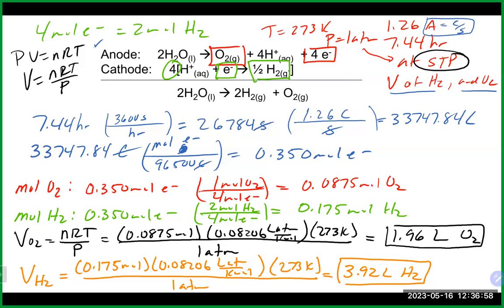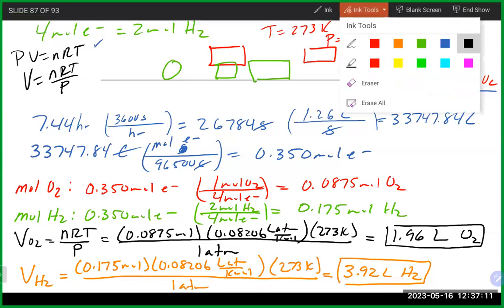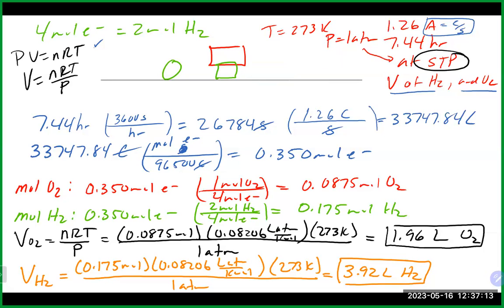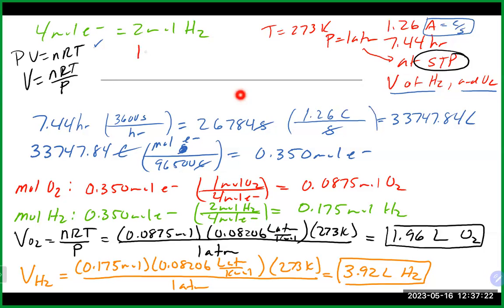You could have also, if you remembered Chem 50, not had to use the ideal gas law here because this was at STP, which means there is a relationship, right, that 1 mole of any gas is equal to 22.414 liters at STP only.